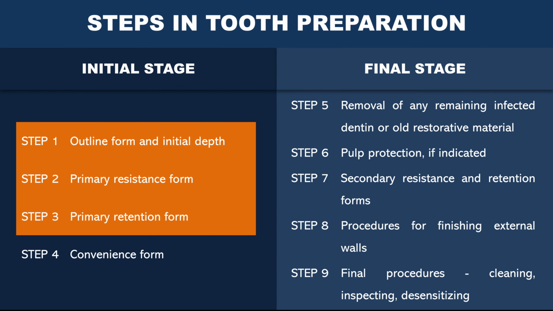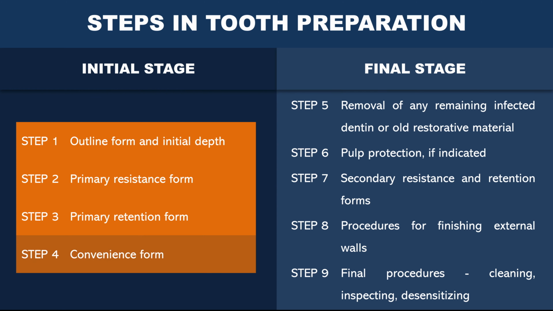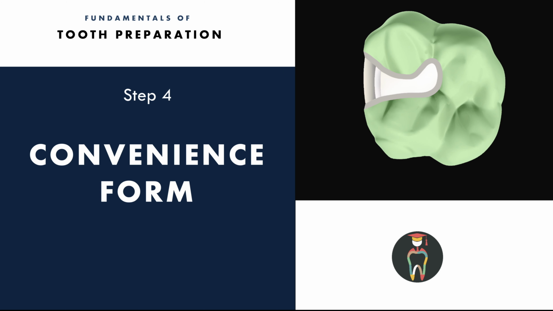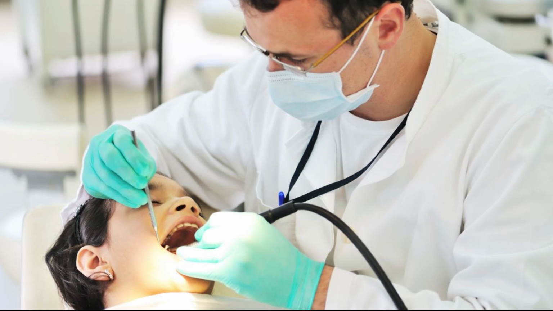Now let's see about the convenience form, which is the fourth step in the initial stage of tooth preparation. Occasionally, the tooth preparation and the restorative procedure need to be done so that it will be convenient for the tooth preparation, removal of the decay, and also for the restorative purpose. So this is called the convenience form.